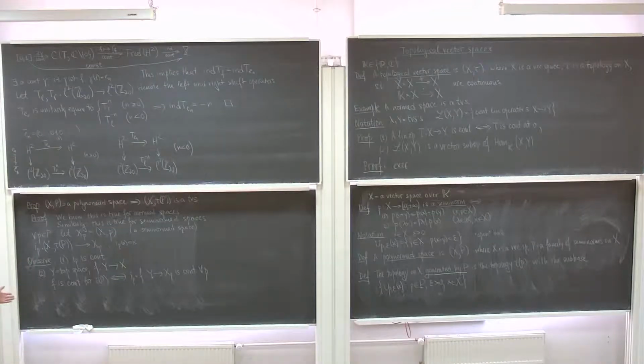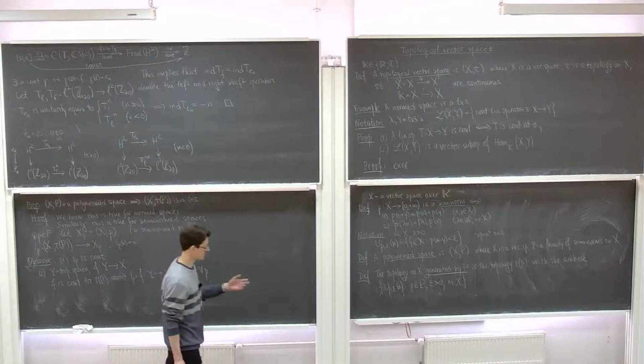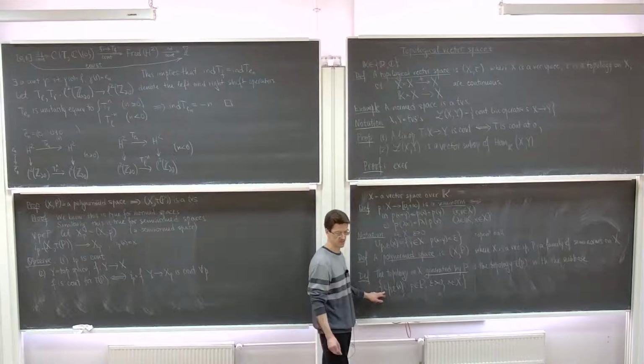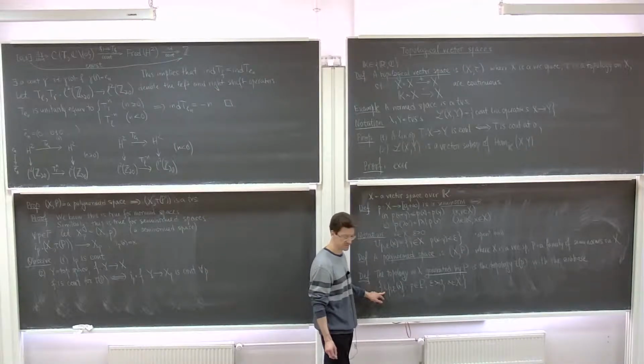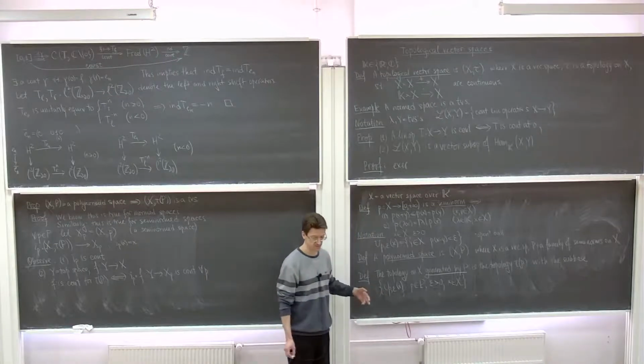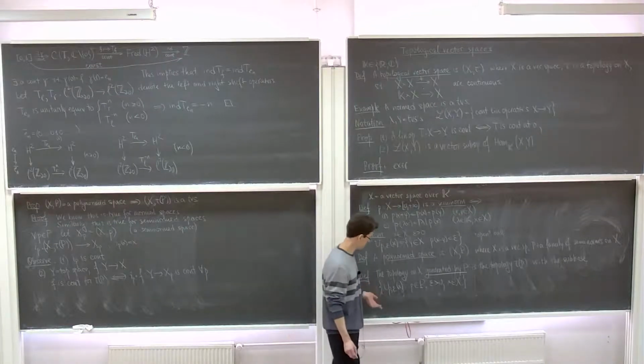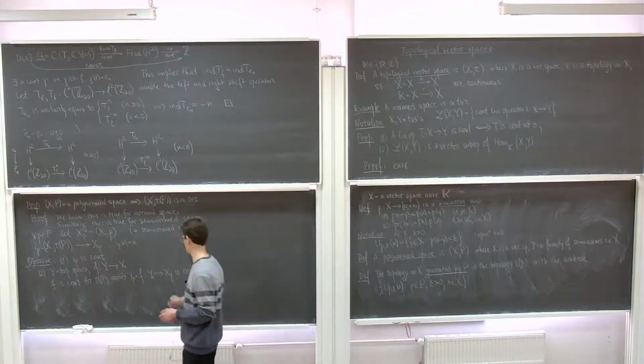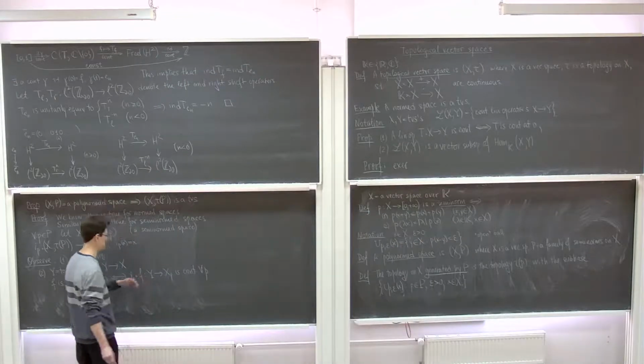This is more or less immediate from the definition of our topology. So f is continuous if and only if the pre-image of each ball of this form is open in Y. But this means exactly that for each p, f is continuous as a map from Y to X_p. Or more exactly, this composition is continuous.